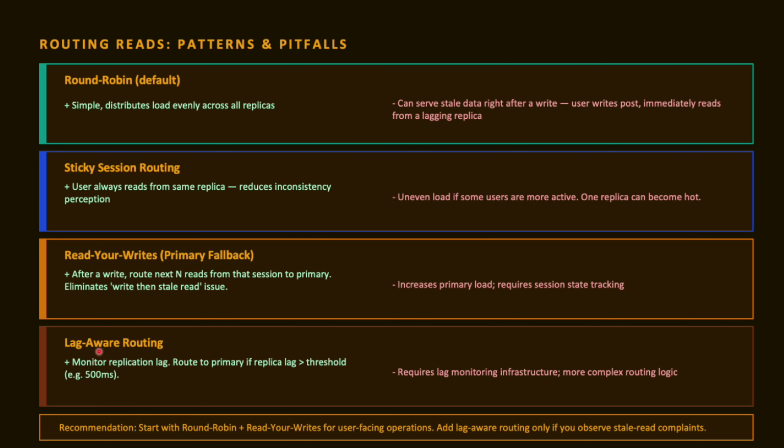Most ORMs and database libraries have built-in support for primary replica routing, right? Rails has a native multi-database configuration, and similarly Django supports database routers, so you rarely need to build this by yourself.